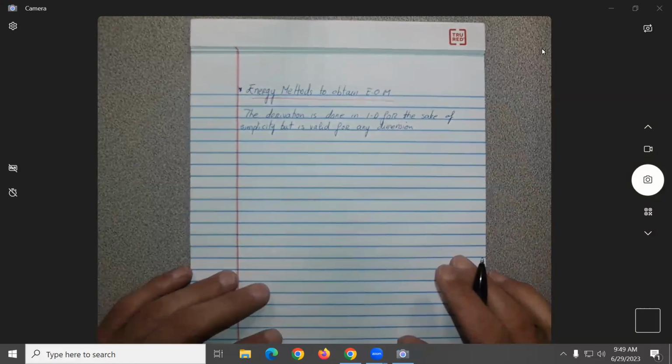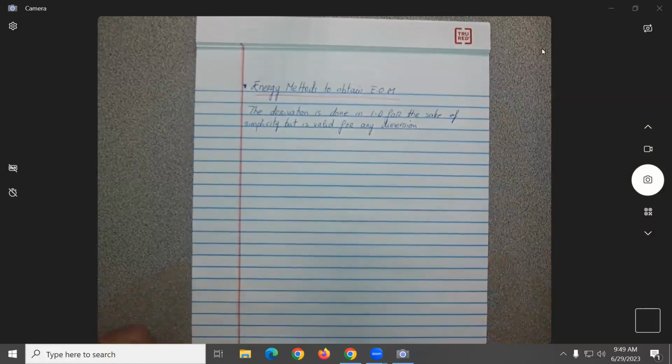Again, it's not important that you understand the derivation. What's important is that at the end, you know how to use the equation.